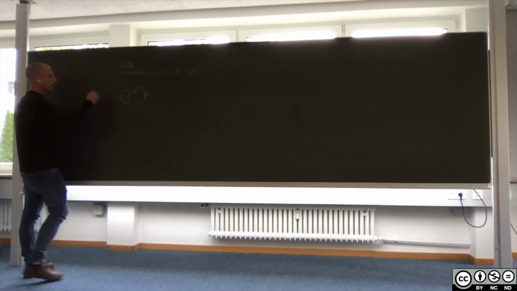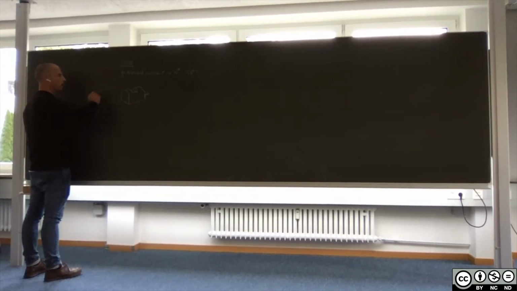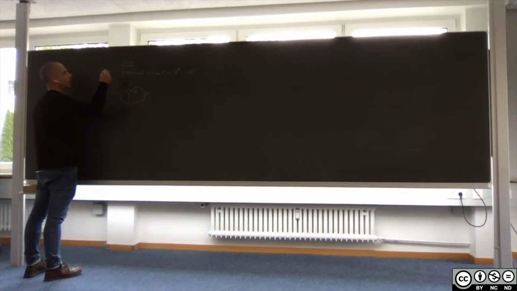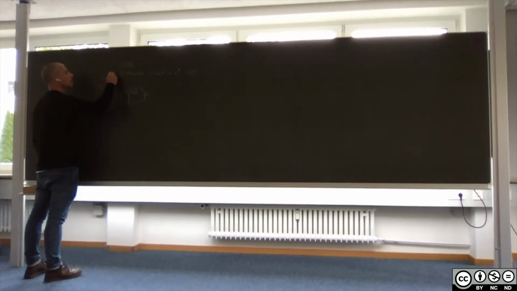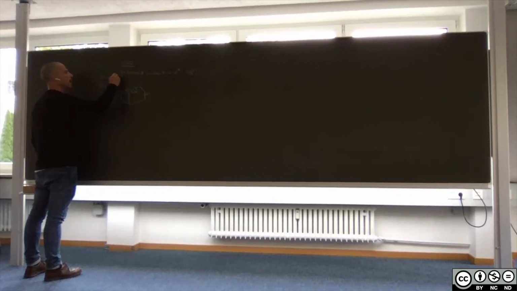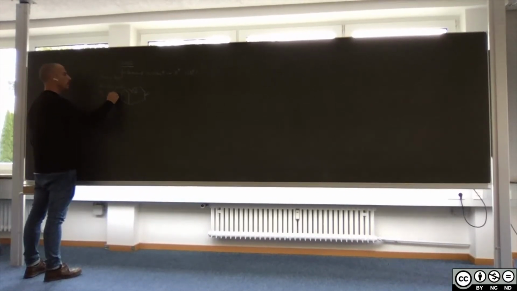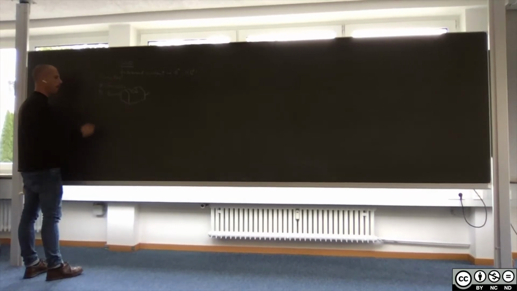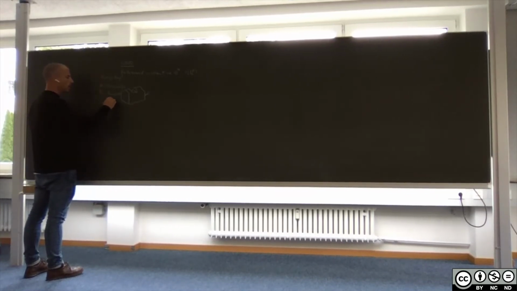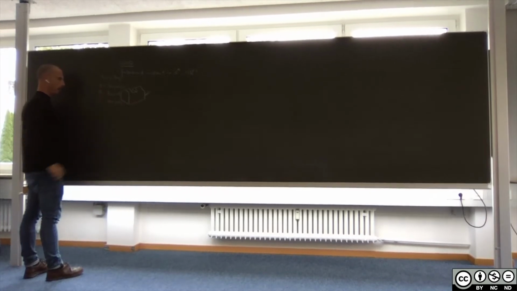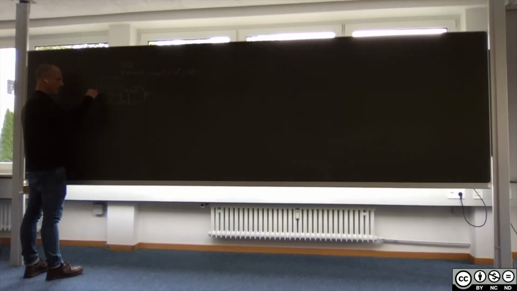You know the demand, you know you have to produce every day, 300 units of product A, 200 units of product B, and 100 units of product C. Okay?